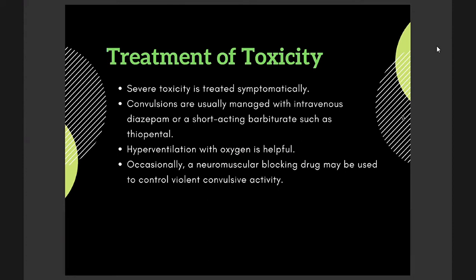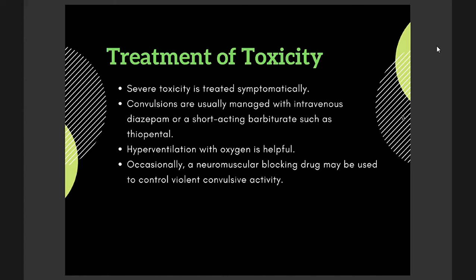But the late signs, the later part of the toxicity from your local anesthetic, are seizures and then convulsions. Convulsions are usually managed with intravenous diazepam or a short-acting barbiturate such as your thiopental.